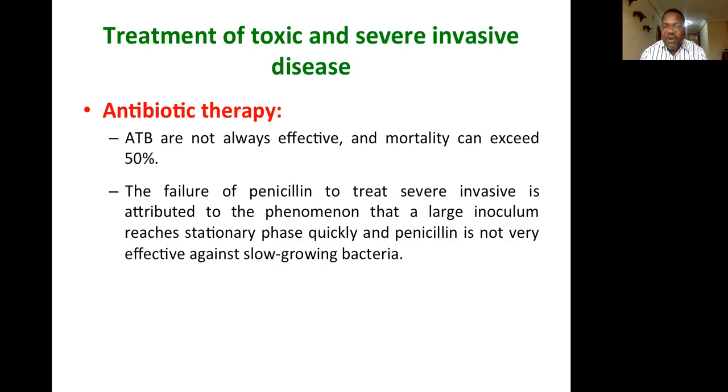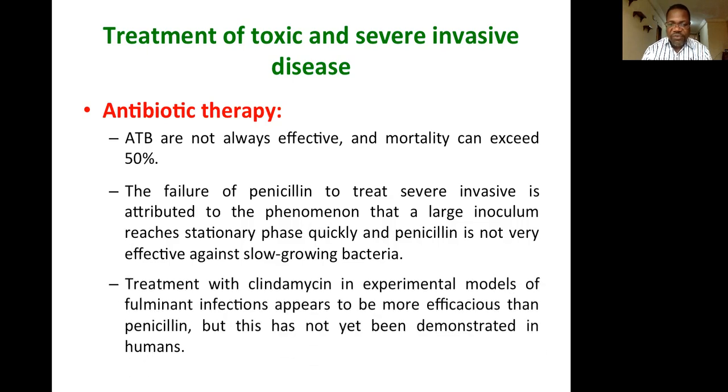The failure of penicillin to treat those severe invasive cases could be attributed to the phenomenon that a large inoculum reaches the stationary phase quickly, and penicillin is not very effective against slow-growing bacteria, so the treatment will not work. Studies have shown that clindamycin, in experimental models of fulminant infections, appears to be much more effective than penicillin.